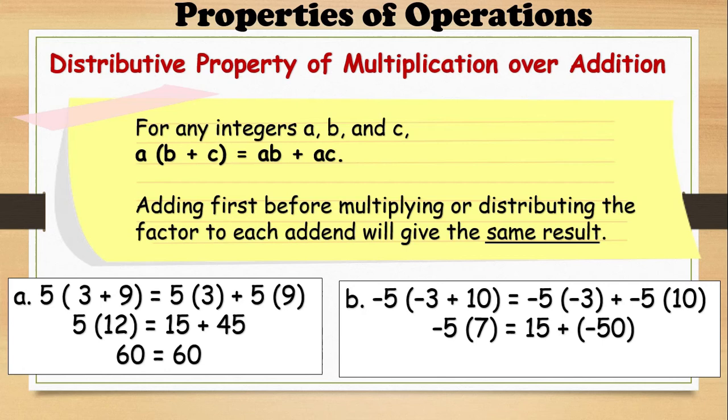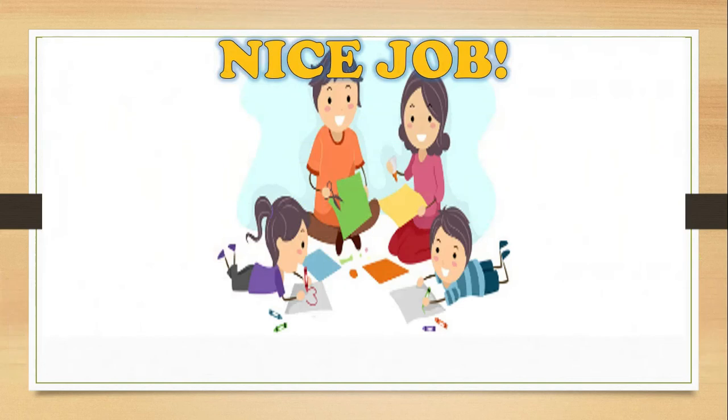So, parehas ba magiging sagot nila? Negative 5 times 7 is negative 35, while 15 plus negative 50 is also negative 35. Nice job! At yun yung ating properties of operation.